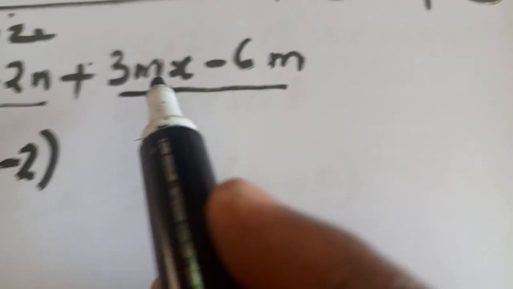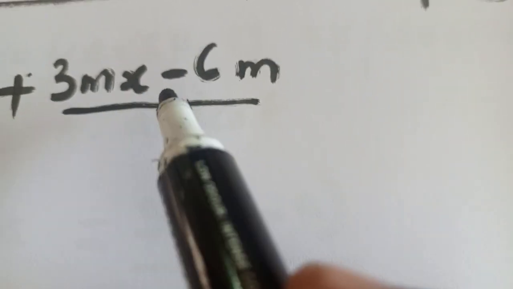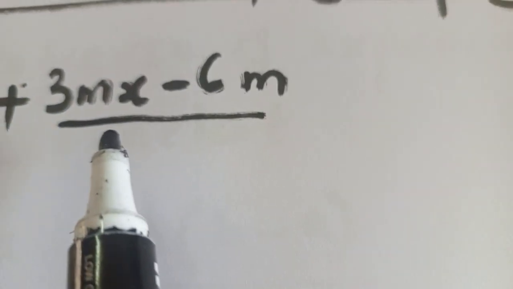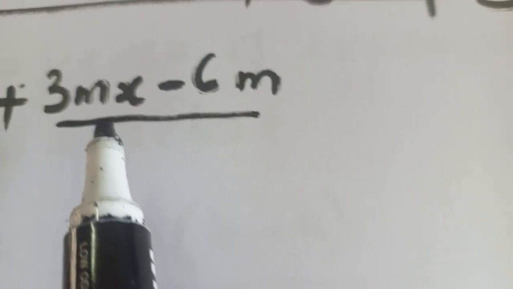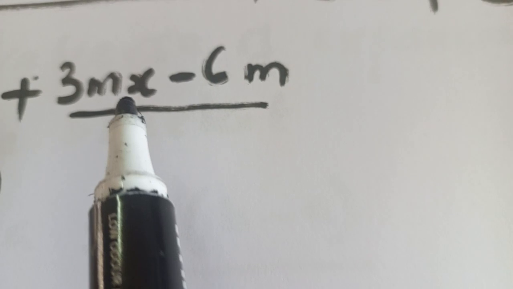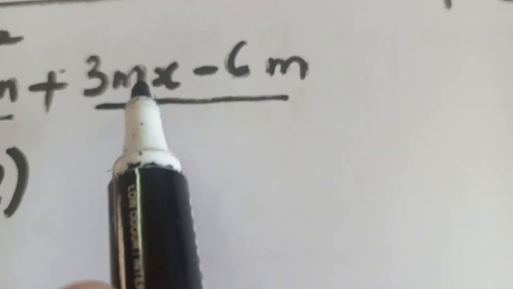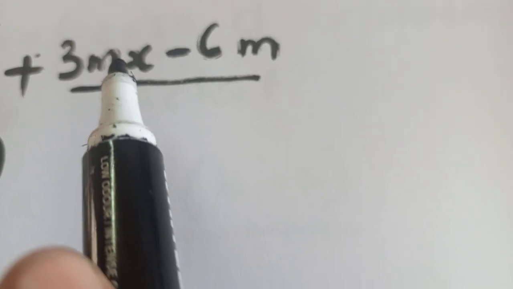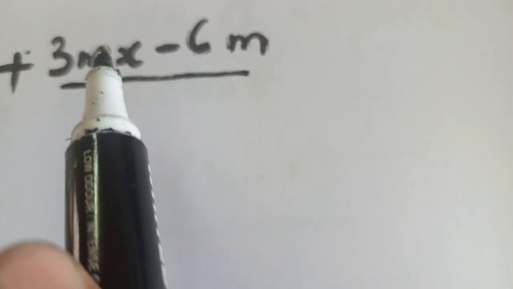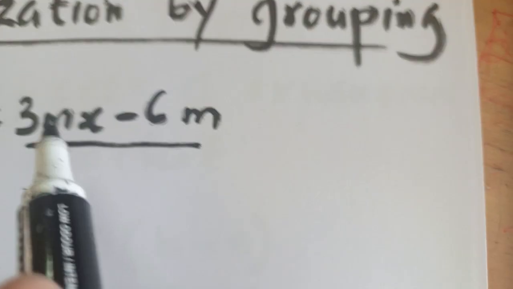Here we actually have two common factors in this group. Can you see the two common factors? It's possible to have two common factors when you want to factorize.